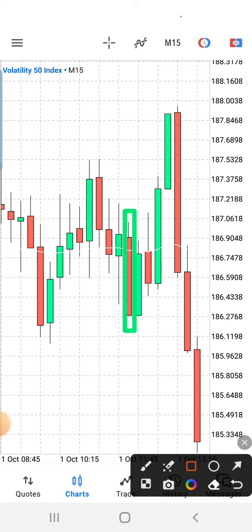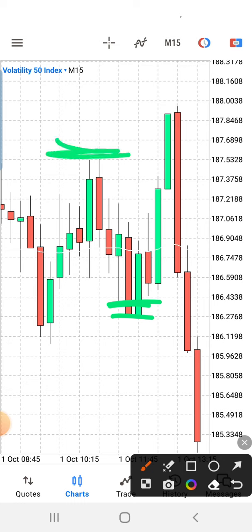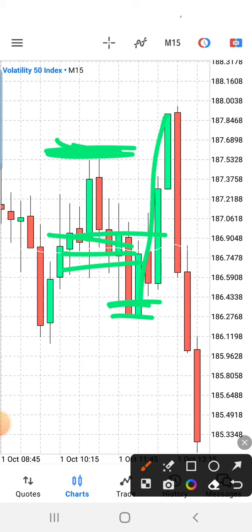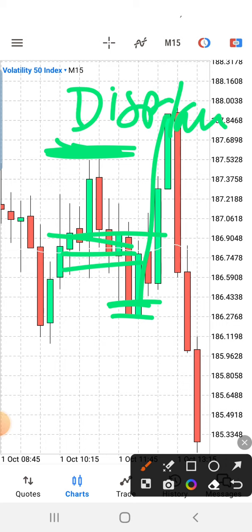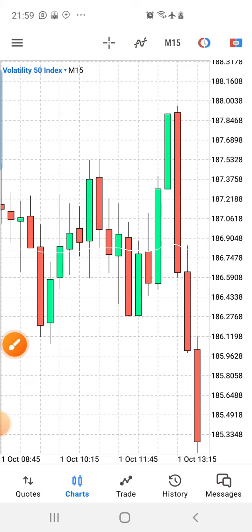So what they did, the normal market manipulation that happens most of the time, is they just decided to push out people. Most people who are selling here will definitely set their stop loss above here, right? So anywhere you sell around here, your stop loss should be here. So they simply come up and clear out the stop losses. This is what is called displacement. It's part of my strategy using the order block stuff.